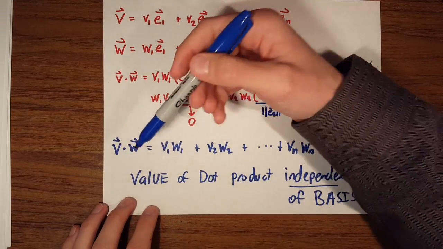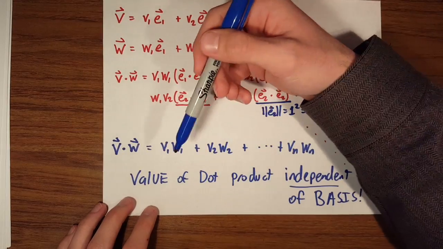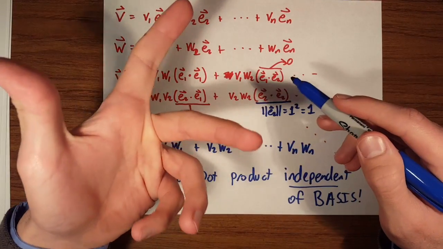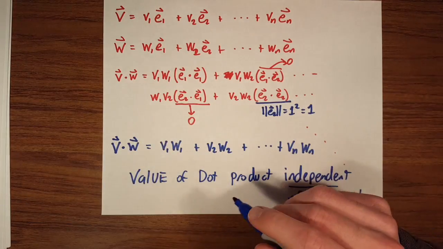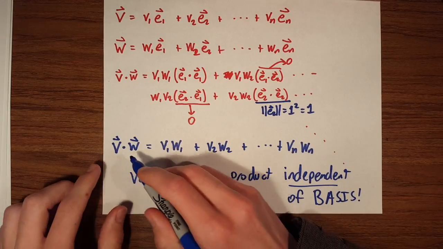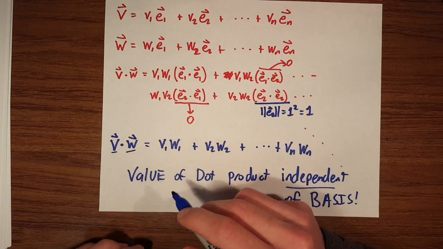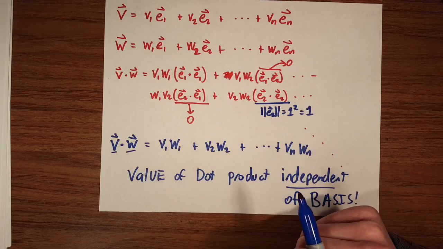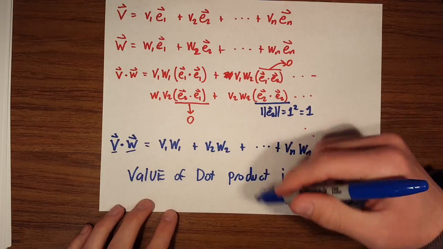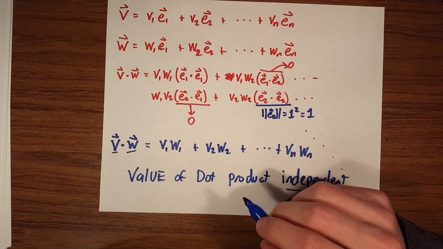This is also important because we talked earlier, when we change bases, we're basically changing the set of features that we're using to describe our data set. And we want the quantities that we measure, like how similar a piece of data is to another piece of data, to be independent of how we describe the data set. So that's an important point.